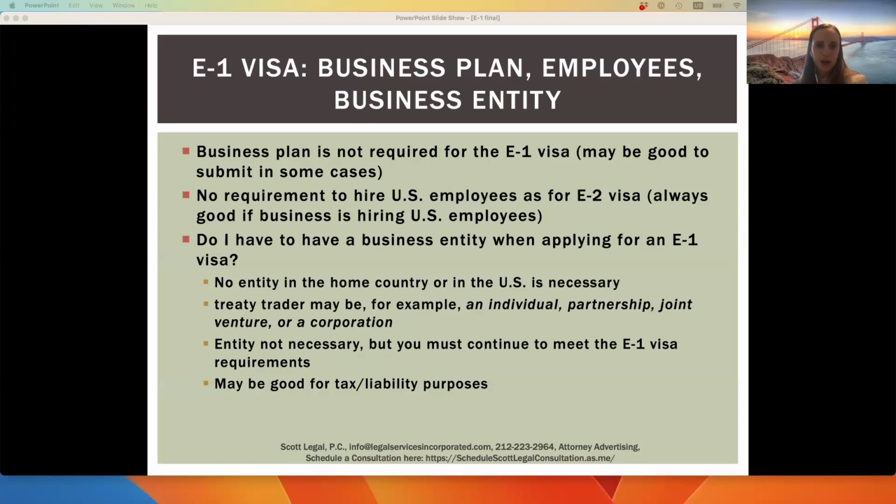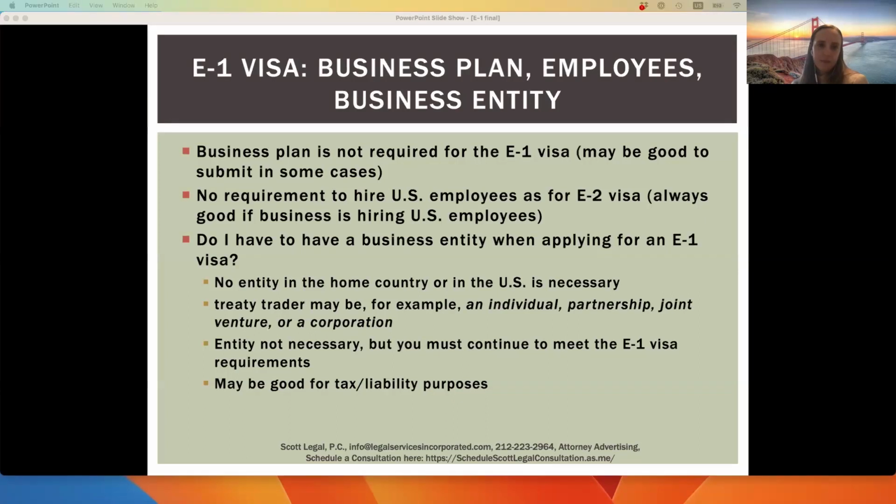It shows the government that, yes, you just started and only have 6 clients, but in the next 5 years the company will grow significantly. So in some cases it may be beneficial to submit a business plan with the application.